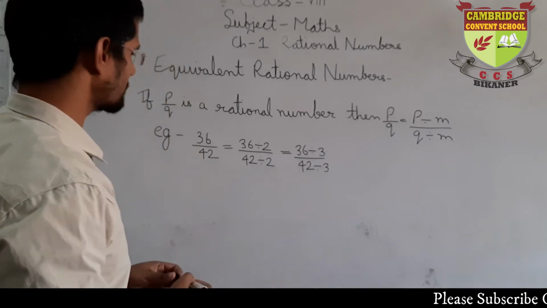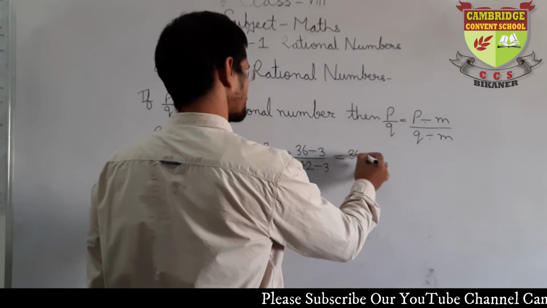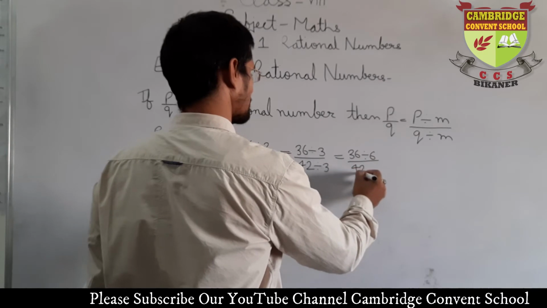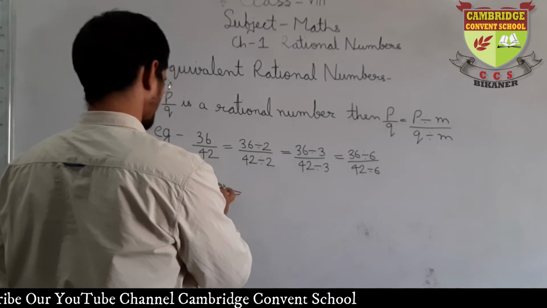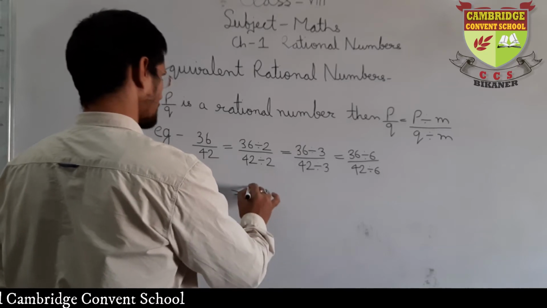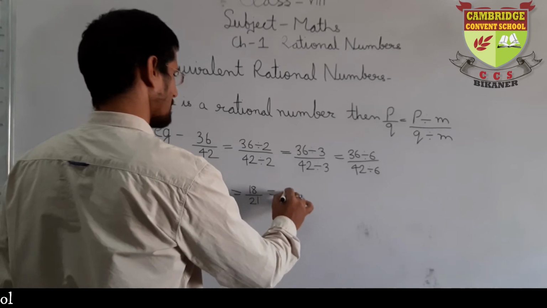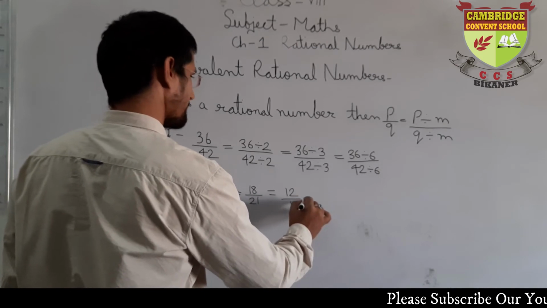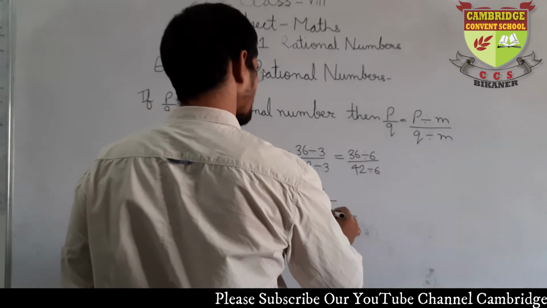We can divide both by 6 also: 36 divided by 6 and 42 divided by 6. Yes, we get 36 upon 42 is equal to 18 upon 21, 12 upon 14, or 6 upon 7.